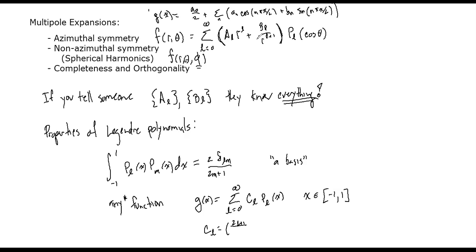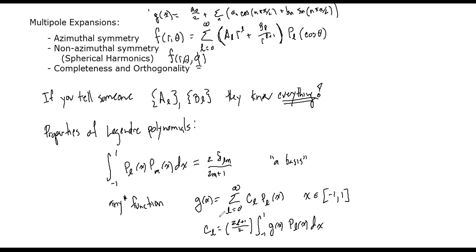We can determine c_l by taking the overlap in between the basis function and the Legendre polynomial itself. Compare these to the integrals that you would get to find A and B for the Fourier series.